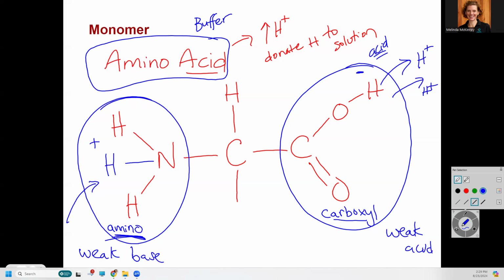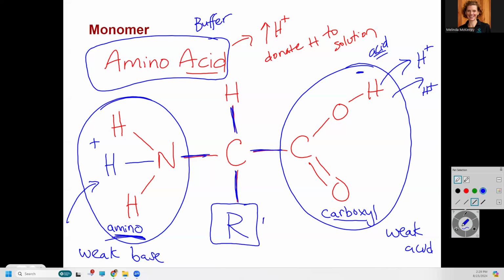So we're still missing, I'm going to go back to this carbon here in the center. So we looked at these bonds. We have one more bond to look at, and that is bonded to what we call an R group. And this R group can be multiple different things. There's about 20 different R groups, so 20 different types.